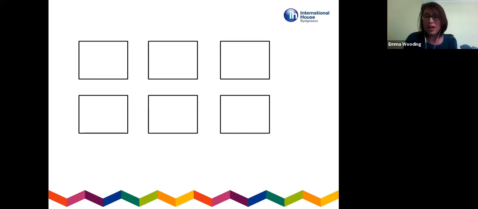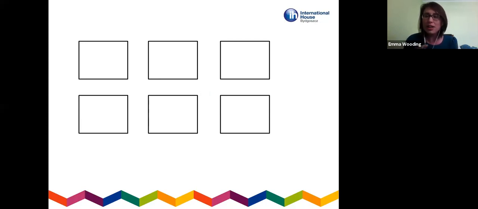Potentially I would also give them triangles, circles, hexagons, depending on how cruel I'm feeling that day as to how complicated the shape is. I would then give them time to turn these shapes into an object or any kind of picture or character. So with the squares, it might be a house, it might be a present. They're usually far more creative than anything I could ever come up with.